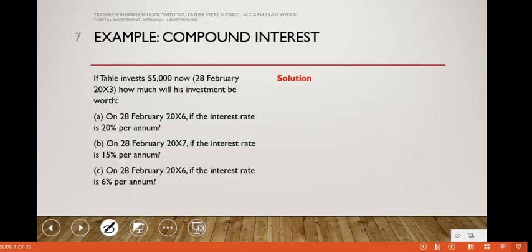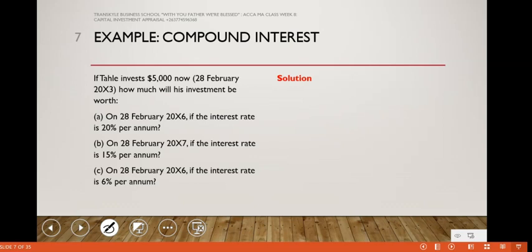So let us attempt the exercise as shown on the screen. If Tatley invests $5,000 now, and today is 28th February, 2003, how much will his investment be worth?